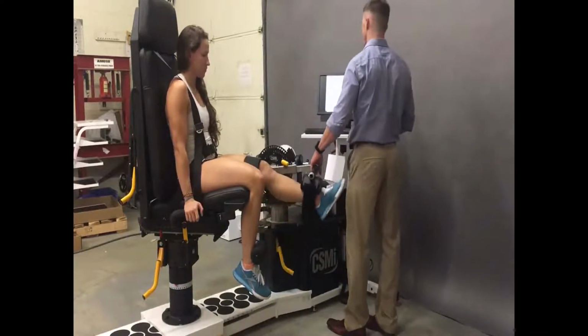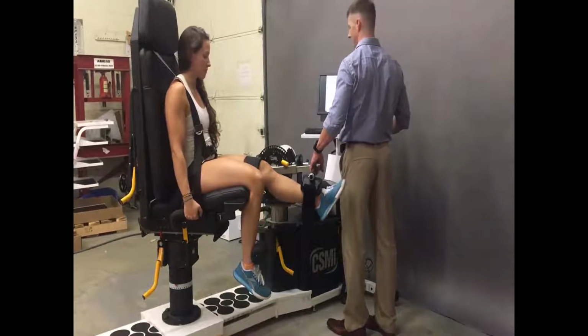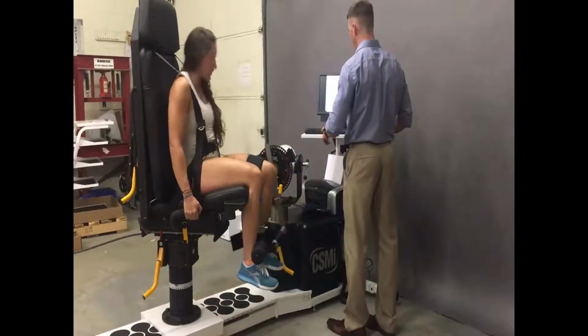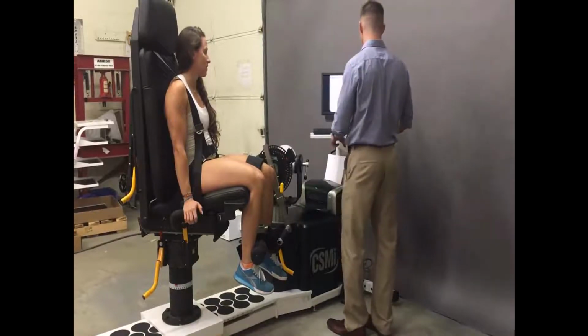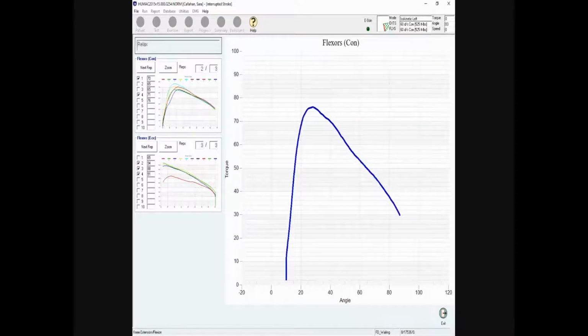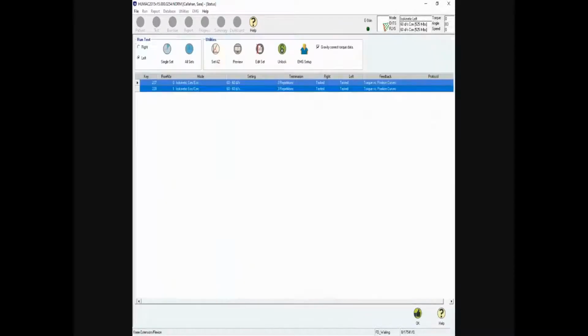Now we just have one last concentric rep to record. After you have all of your reps, click OK, and then on the testing screen, click OK again. That'll bring you to the report screen.